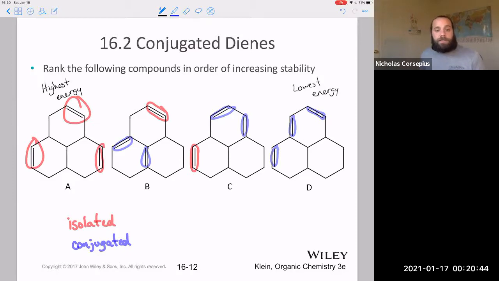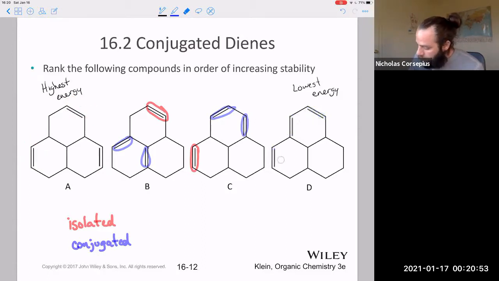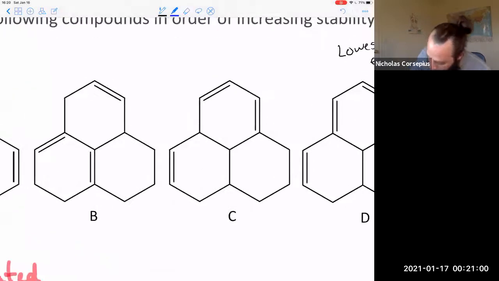So now what about B and C? What differentiates them? They both have one isolated and two conjugated. I'll color code again, but let me clean it up.